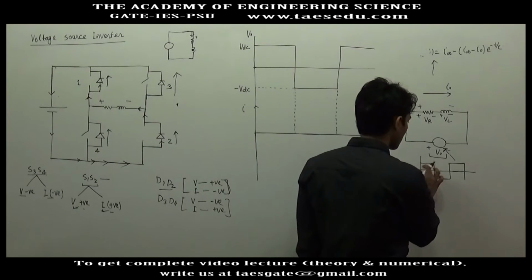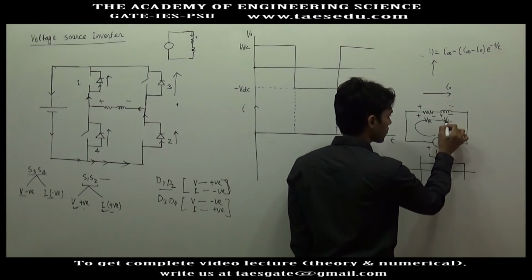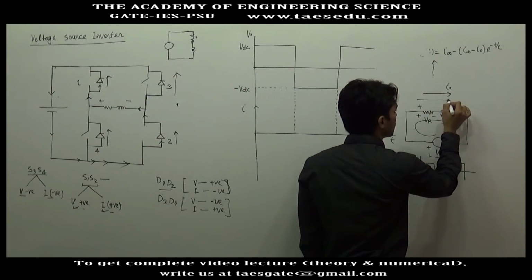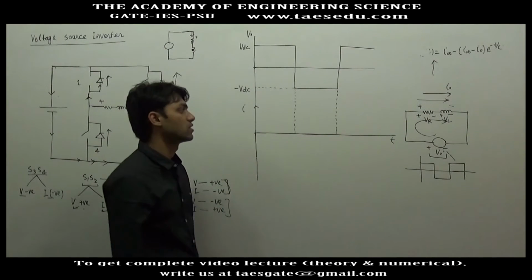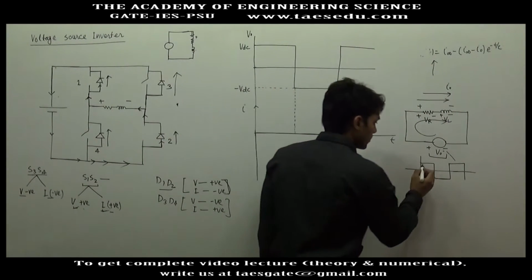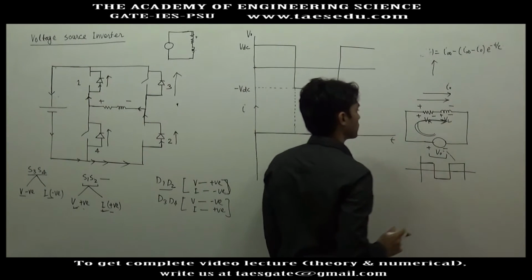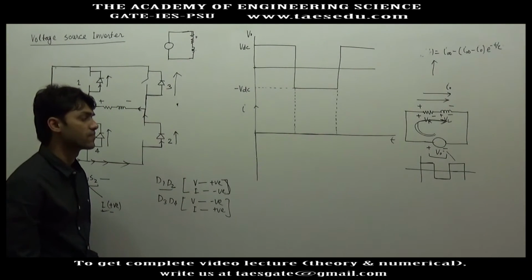When you give a positive voltage, the tendency of current is to flow in clockwise direction, or to flow from left to right, and left to right direction of current is positive. So when output voltage is positive, current will tend to be positive, or we'll say current will increase.